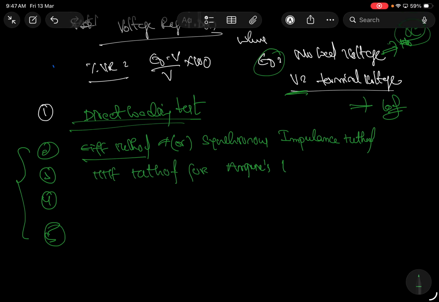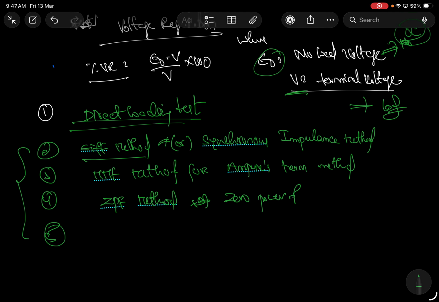Third one is the ZPF method, which is the zero power factor method.